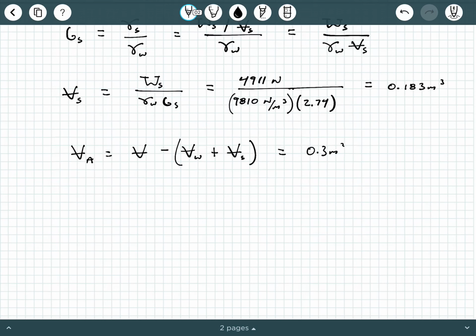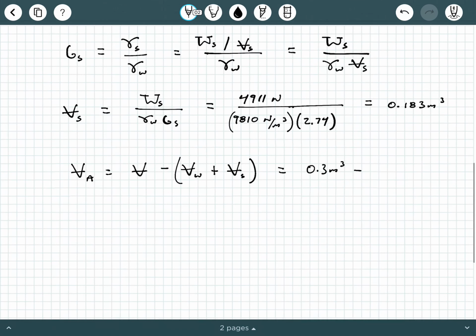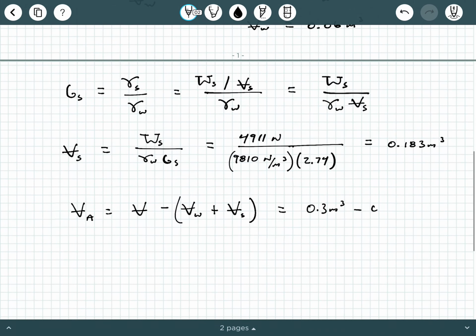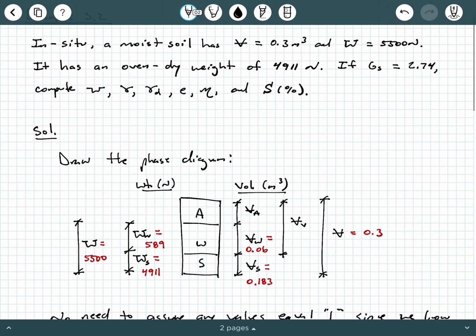So we're going to have 0.3 cubic meters minus our volume of water, which was 0.06 cubic meters, and then also distribute that negative, minus 0.183 cubic meters. So my volume of air is calculated as 0.3 minus 0.06. So I get 0.0573 cubic meters as my volume of air.